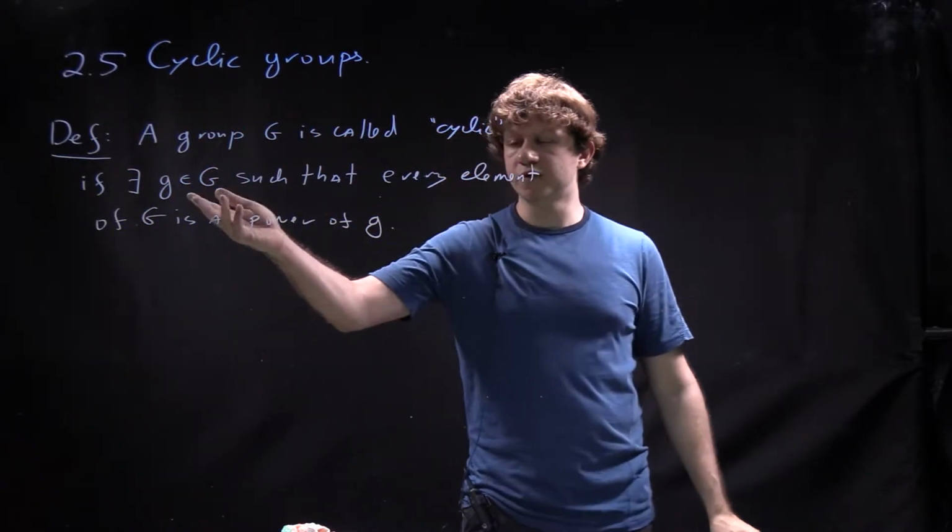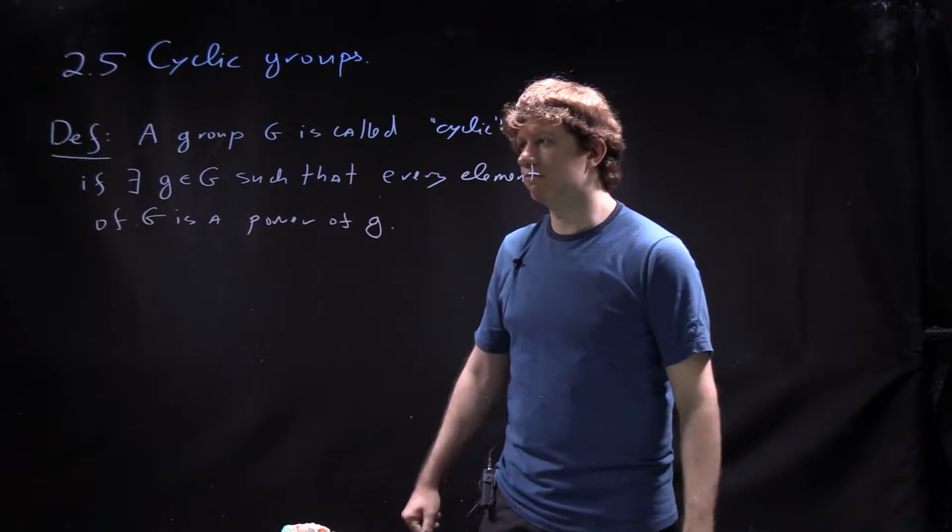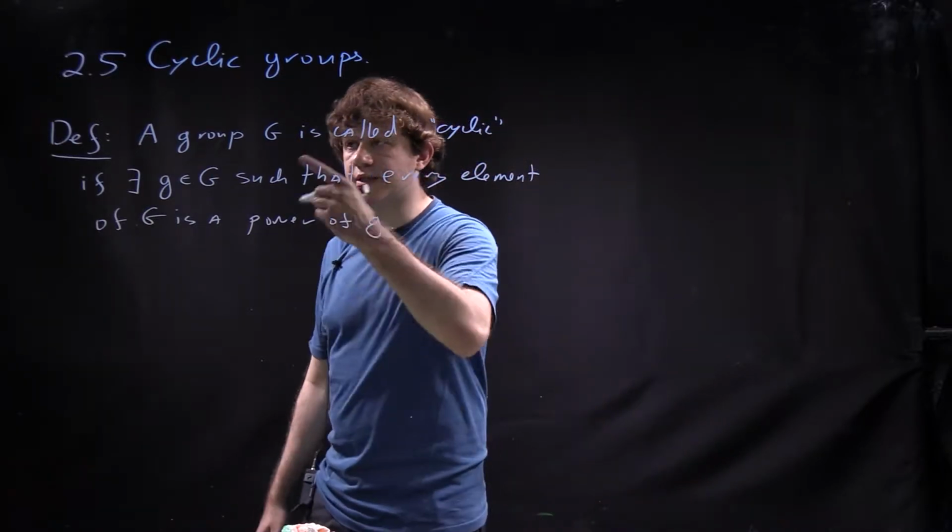So every element of G is a power of this little g. That's the condition when G is cyclic.